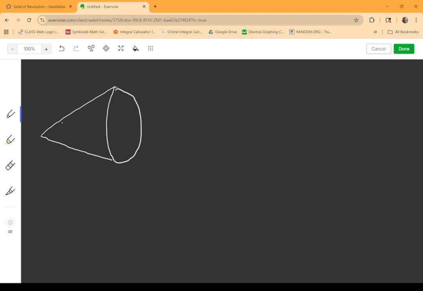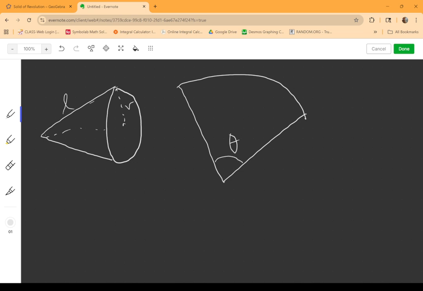I'll call the lateral length L, and it has some radius R. I do the same thing that I did with the cylinder. I'll cut across here and then lay it flat. Now, in this case, I don't get a rectangle, but I get some sector of a circle, where this angle here is some angle theta.